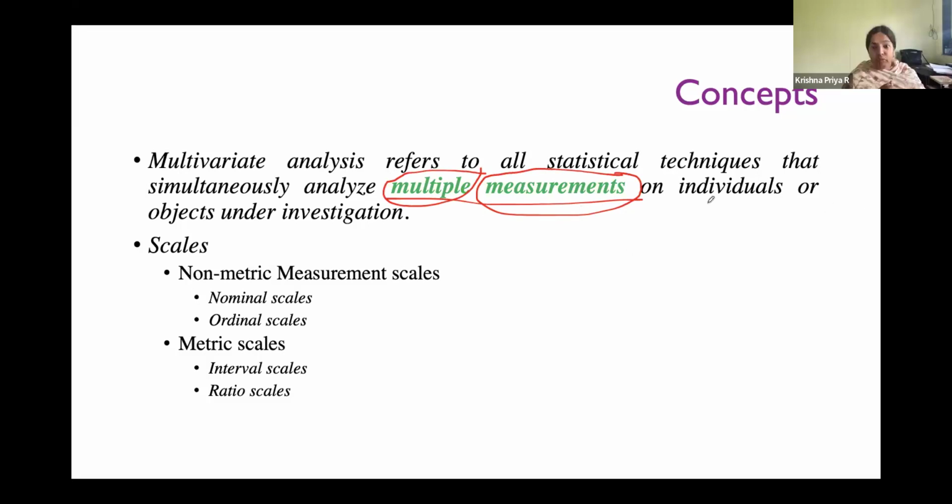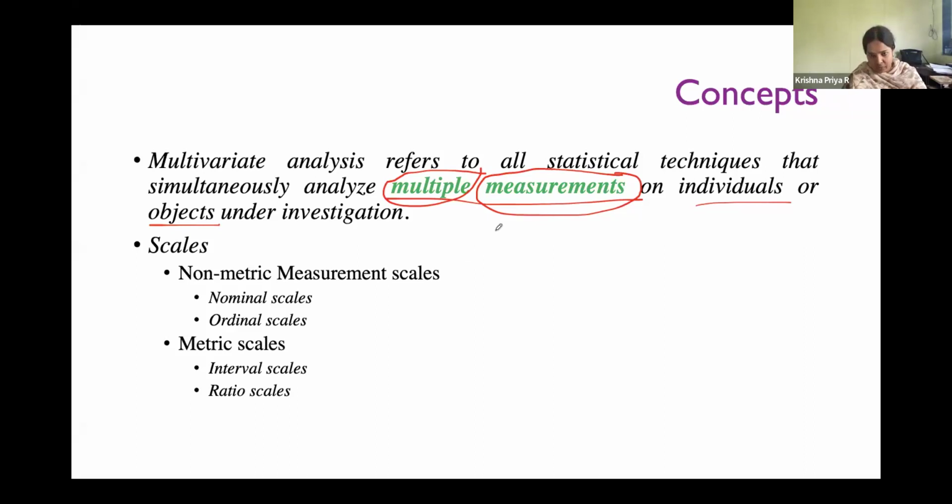Subjects could be individuals, objects, or situations and circumstances. I'm not going to speak elaborately about what a subject is, but multivariate analysis simply means that you make a concoction of many variables and then analyze them.